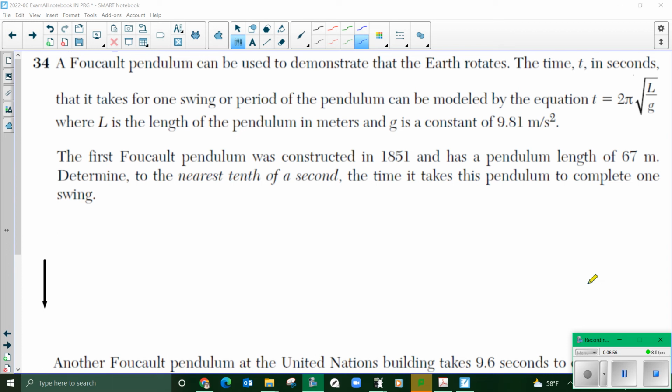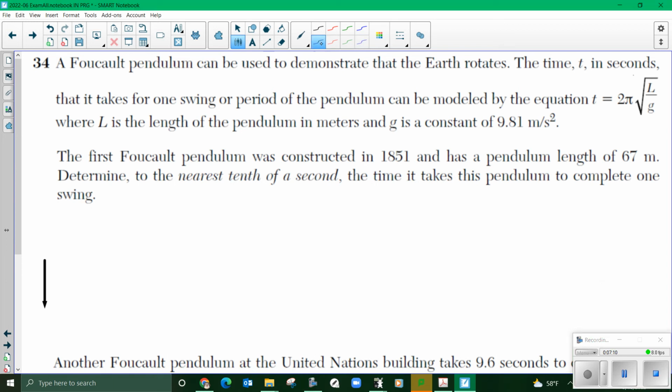The time t in seconds that it takes for one swing or period of the pendulum can be modeled by the equation t equals 2 pi times the square root of L over g, where L is the length of the pendulum in meters, and g is the constant 9.81 meters per second squared. The first Foucault pendulum was constructed in 1851 and has a pendulum length of 67 meters.